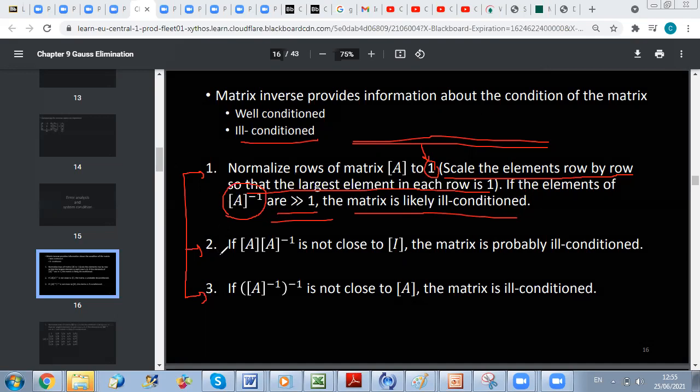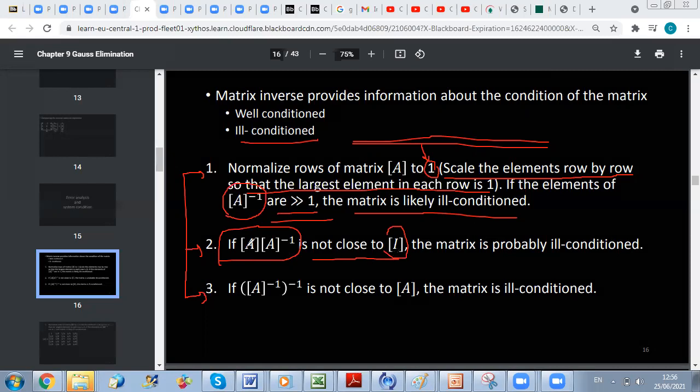A second criterion is to calculate A times A minus 1. In general, you expect A times A minus 1 to be the identity matrix. But because of numerical errors, round-off errors, it will not give me exactly the identity matrix. It can give me something very close. If I do A times A minus 1 and I get exactly I, this is an extremely well-conditioned matrix.